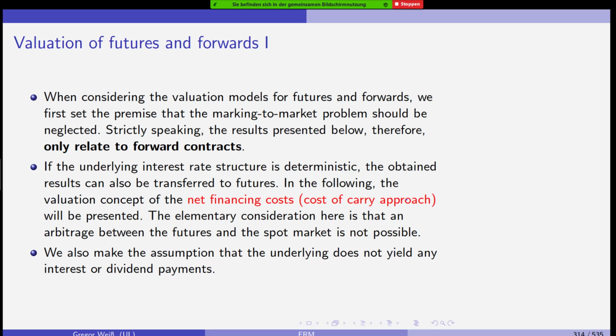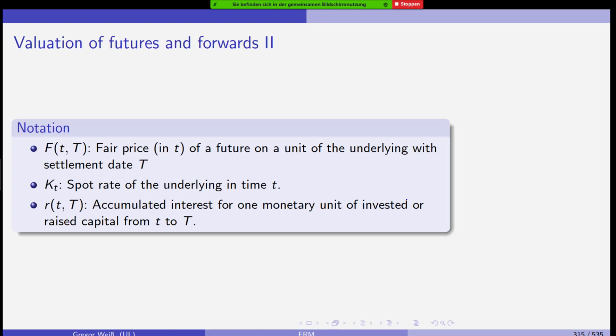So if you have the same future cash flows, both strategies should have the same price in the present. So F_t is the fair price of a future on a unit of the underlying.